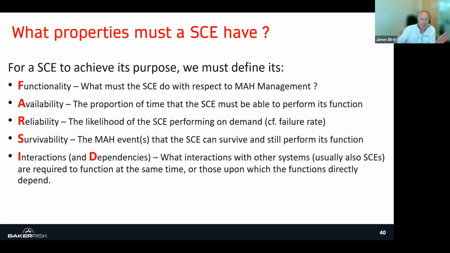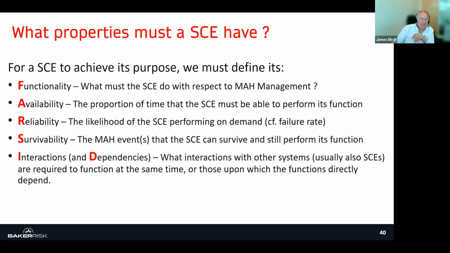For example, we talked about active and passive systems. Active systems need power. Is that power going to be available if our major accident hazard, our explosion, has wiped out our entire power grid for the plant? So this is where we need to consider, are we talking of an active or a passive protective system? Will it survive the incident? Will it be available? And what support does it need?